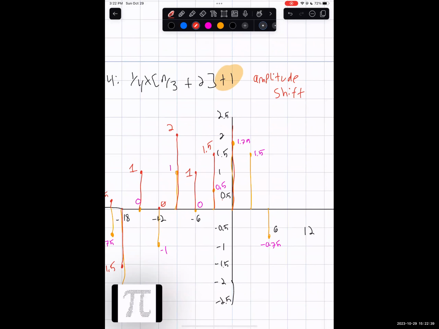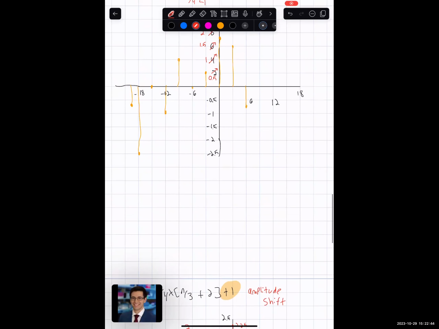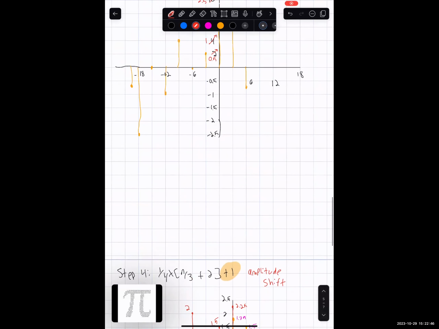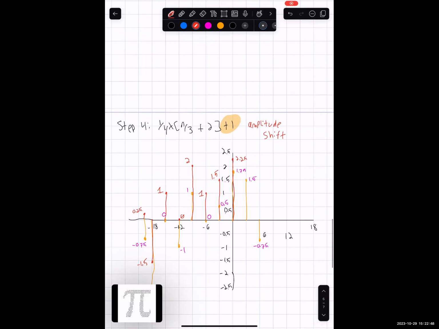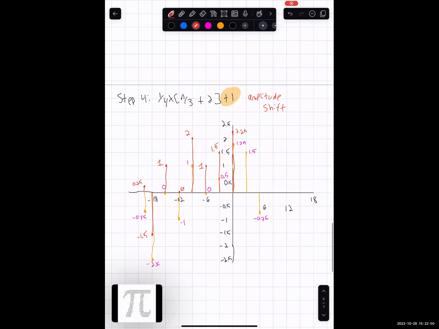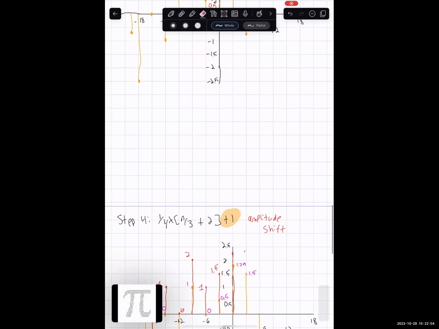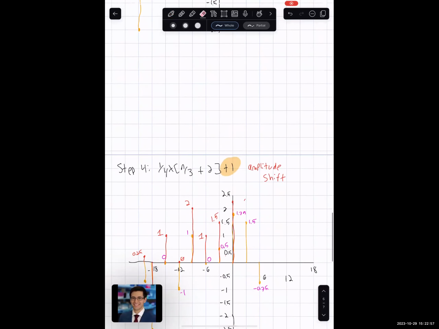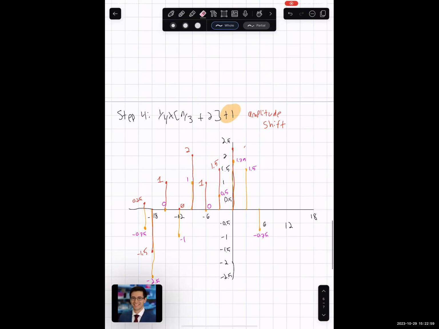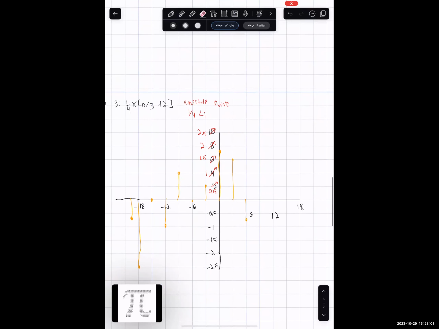Wait, sorry, can you go up a little bit? Yes. I think it should be 1.25 for that one. Can you go up and check your work for that for n equals minus 3? So go up to step 2, please.